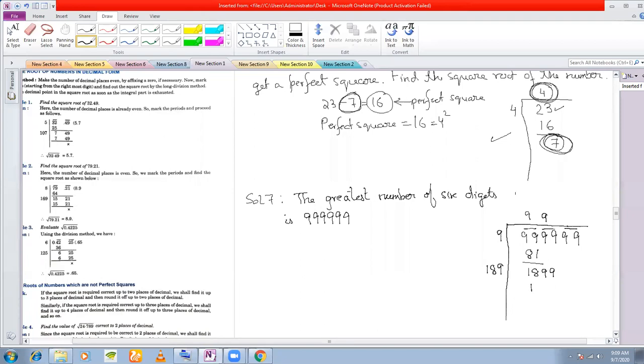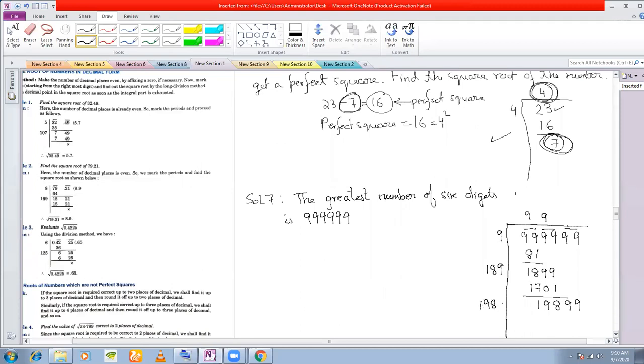You get 1701. If you subtract, you get 198, and you bring down these two nines. So you get 19899. And again, you double 99 to get 198.